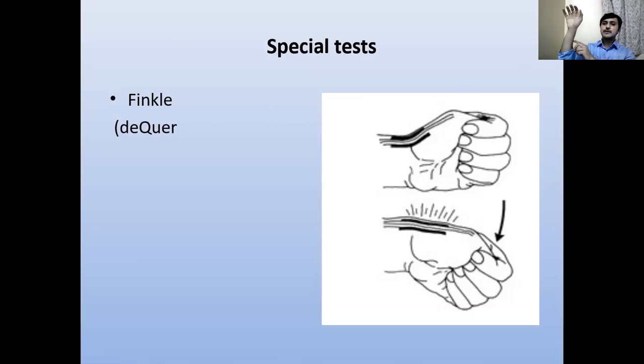So when you do this particular movement, the patient's tendons get stretched out, just like is shown in the slide. And when you have a stretching out of these tendons, the patient gets a pain, because de Quervain's disease is nothing but a tenosynovitis. When you have less space for the extensor tendons, they get pain. Therefore, this movement, for de Quervain's disease, is called a Finkelstein test.